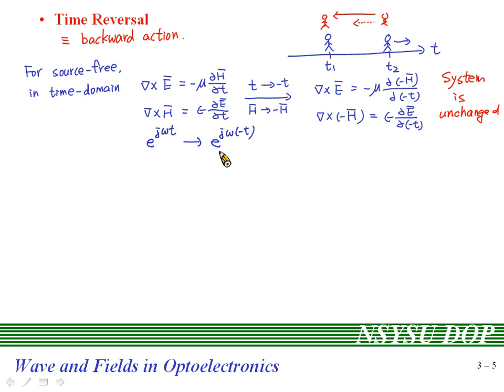So this term equals exponential j omega t conjugated. So if you inverse the time, it means that you take the conjugate of the term. And this is the situation in the time domain.